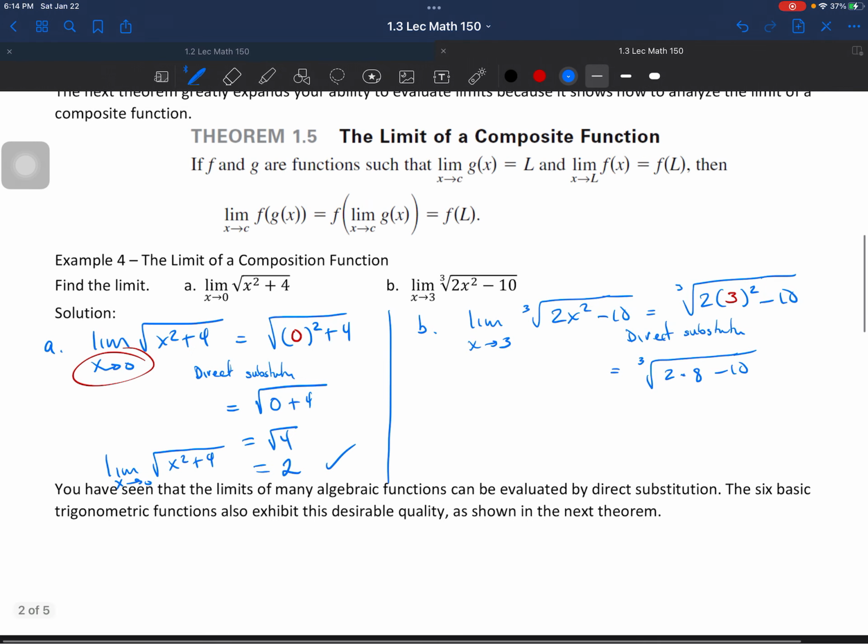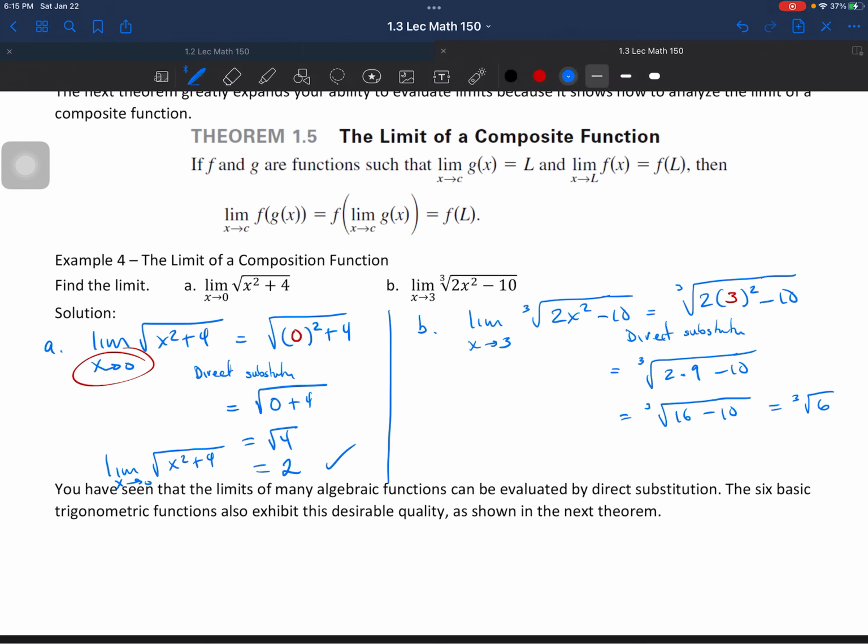Be careful that the radical needs to go all the way. So we have the cube root of 2 times 8 is 16 minus 10, right? Following order of operations, which will give us the cube root of 6. And that will be... Oh, sorry, did I make a silly mistake here? I did. It's supposed to be 9. Right? That's a 9.